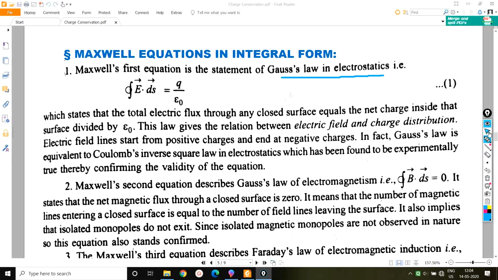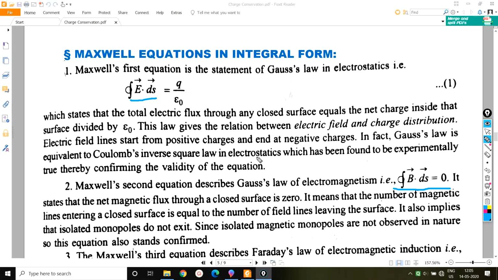Next we will move to the next law. The next law is again Gauss's law, this time of magnetism. On the left side, you have a surface integral of B dot dS.